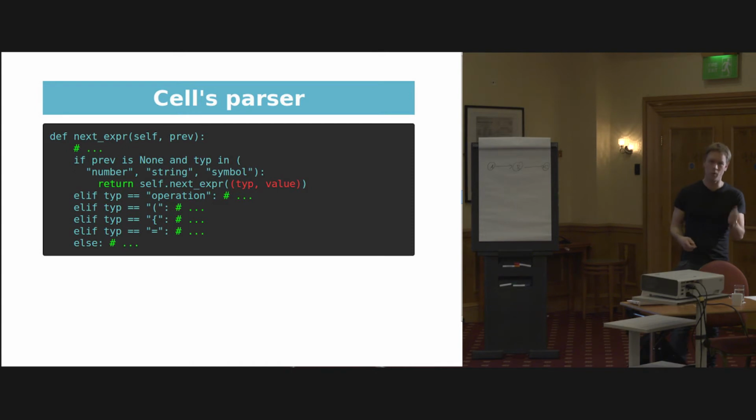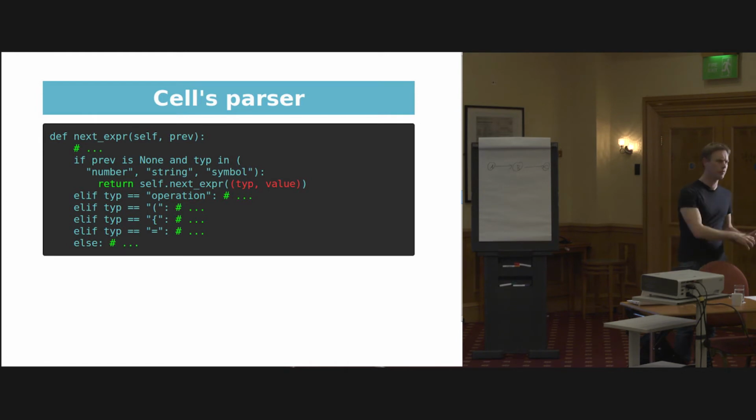So we've got one thing we know. In the case of cell, we know that when we hit the second token, we're going to know what to do with this, because it's going to be a plus or an open bracket or something that identifies the type of structure we want. So all we do is wrap that type and value back together and pass them to nextExpr as prev.